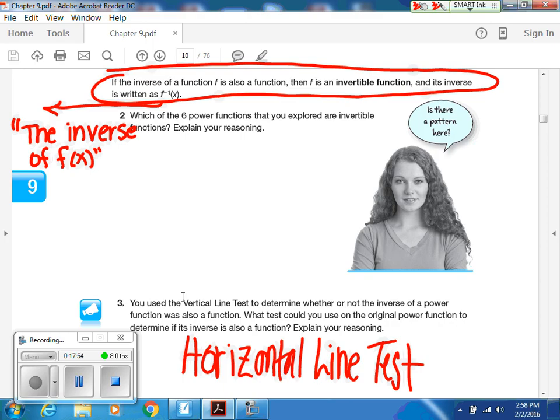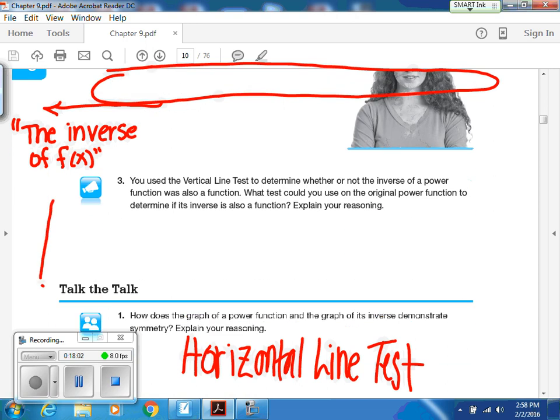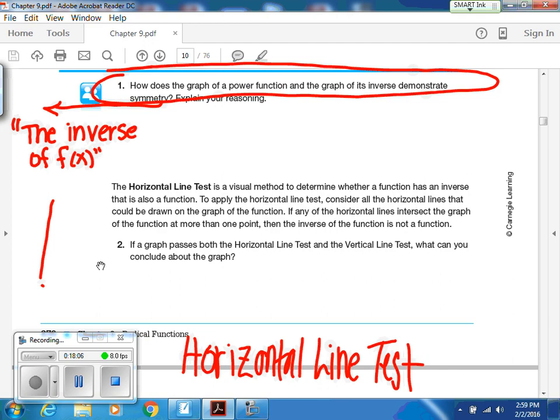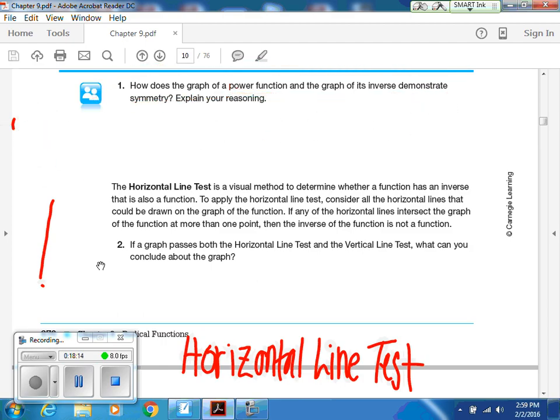Once it gets turned on its side, it's going to fail the vertical line test. And I think there's a definition of horizontal line test, right? Yes, right there. Horizontal line test is a visual method to determine whether a function has an inverse or not. Yeah, that's a good definition. You might want to underline that or highlight it or whatever it is that you do.